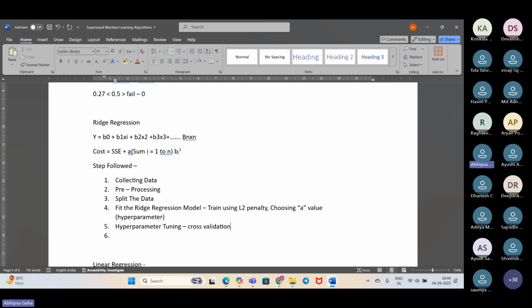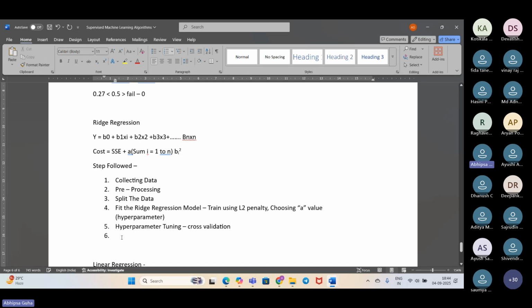We need to interpret the coefficient. We actually need to see how it reduces the value based on the weights that we are putting in, right? So that's why we need to check. It will interpret the coefficient, that is this B0, B1, B2.